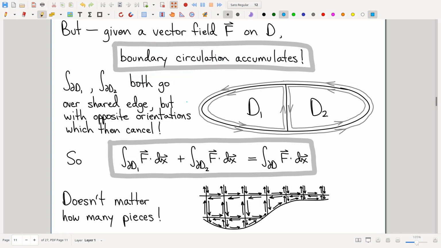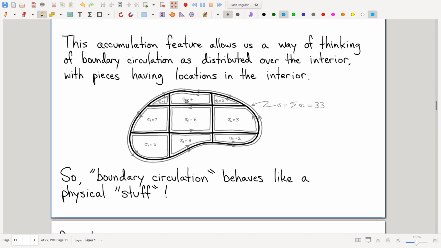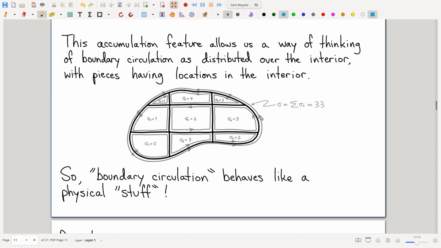Okay, now just a conceptual point. The big idea is, a lot of times we make the mistake of thinking of boundary circulation as something that happens on the boundary just because we compute it on the boundary, right? But very importantly, that's not really the way to think about it. Boundary circulation is something that we associate to a region, right?